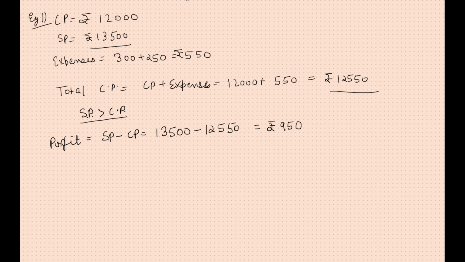Now, example 2, children. A garment showroom bought 40 trousers at the rate of 1200 per trouser and sold them for 46,800. Find the profit or loss. So a garment showroom bought 40 trousers and the rate of each trouser is rupees 1200. Okay, so 1200 rupees per trouser.